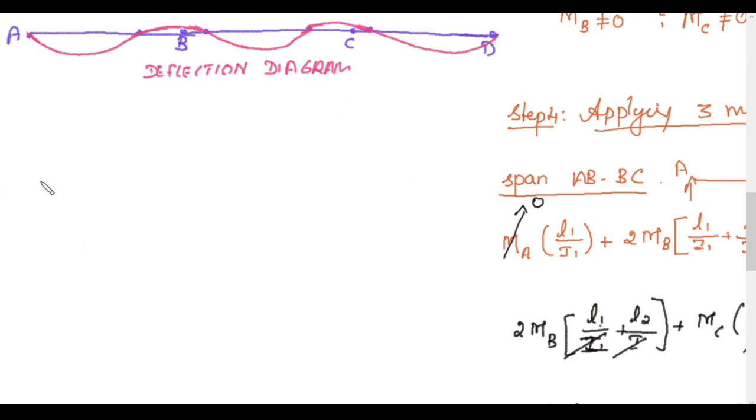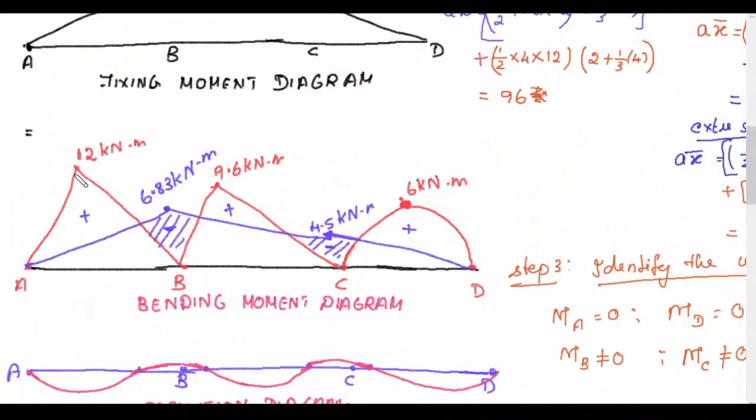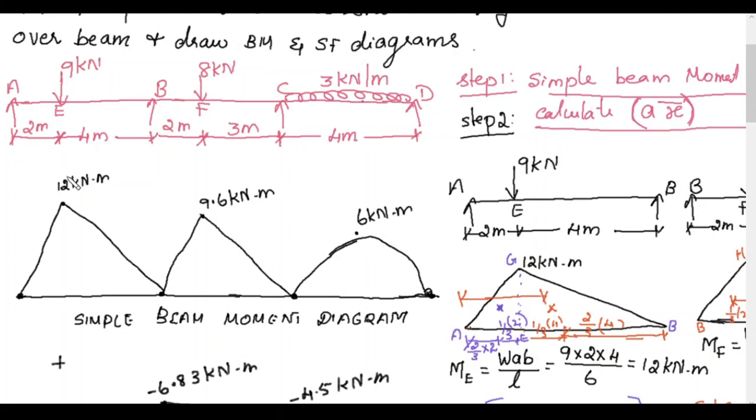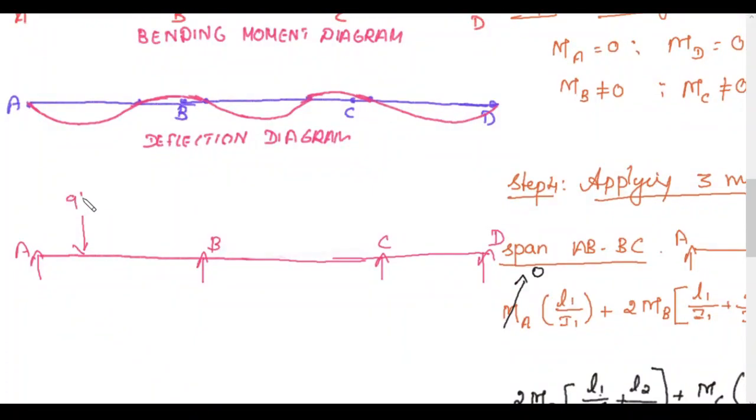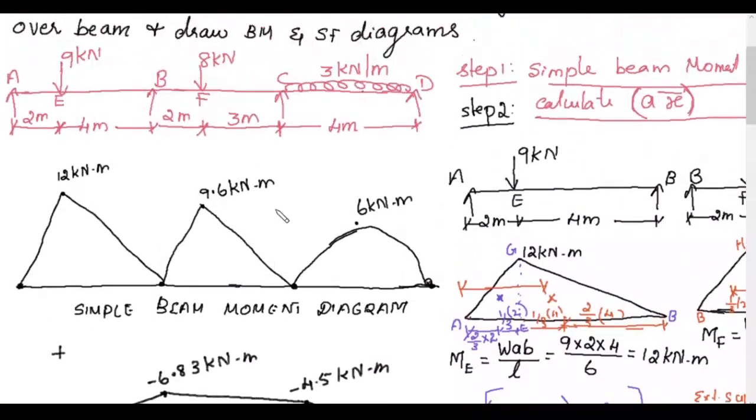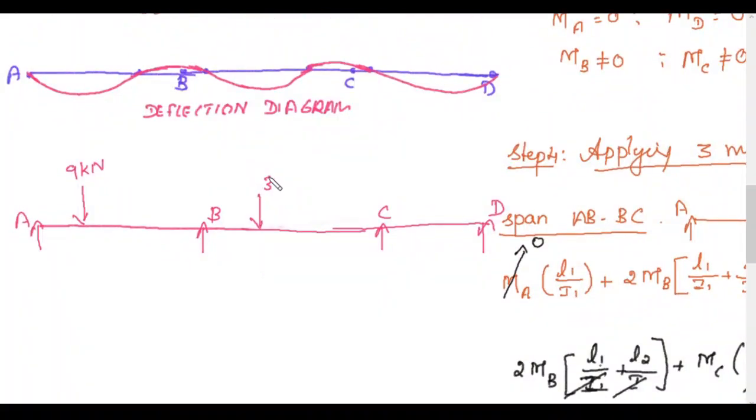So our given beam is A, B, C and D. We have a 9 kilonewton load, an 8 kilonewton load, and 3 kilonewton per meter.